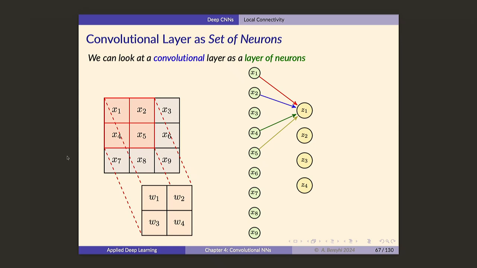Now, if I look at the filter values W1, W2, W3, W4 as weights, and x1 to x9 as my inputs, I can put my input nodes x1, x2, and so on till x9. Then x1, x2, x4, and x5 are going to compute the first entry of the output map. So I connect x1, x2, x4, and x5 to the first output of the output map. Z1, z2, z3, z4 are the entries of the output map.